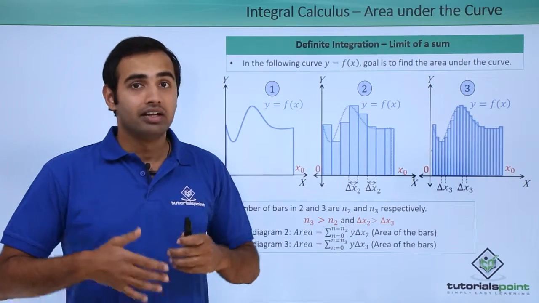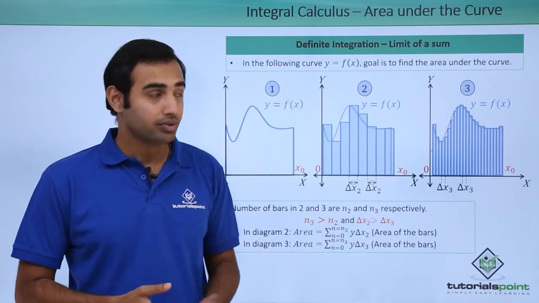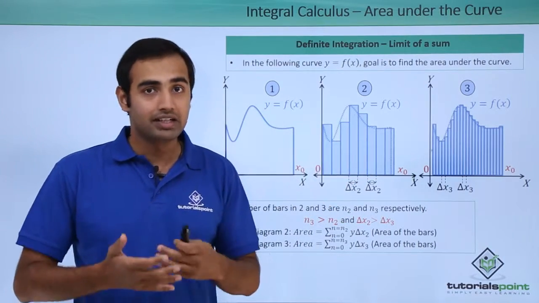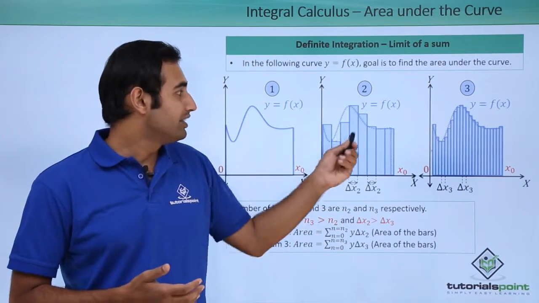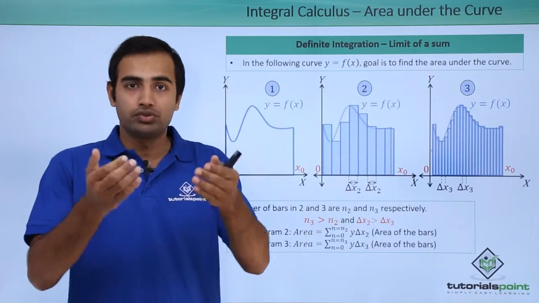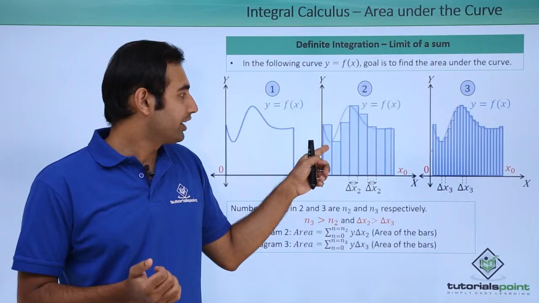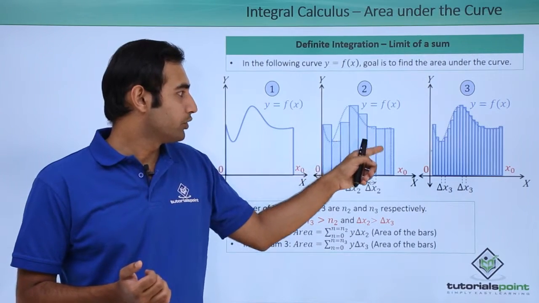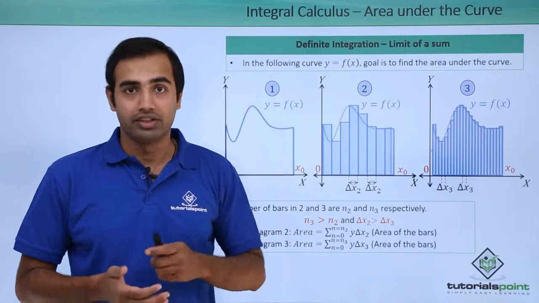In this figure, n2 number of bars have been taken, each of width delta x2, and in this figure, n3 number of bars have been taken, each of width delta x3. Now in these graphs, what we are essentially doing is we are taking rectangles because we can very easily calculate the area of rectangles, and we are trying to draw rectangles in such a way that we are able to approximate the area of the curve. The same thing is being repeated over there.